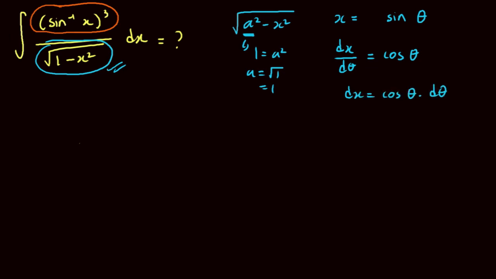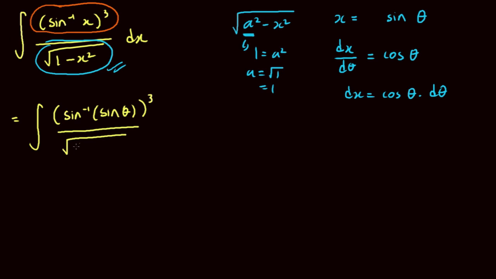So what's going to happen as we proceed with this integral? Of course, we have here sine inverse. X is just sine theta, right? So we'll have sine inverse sine theta, to the power of 3, over square root 1 minus sine squared theta.